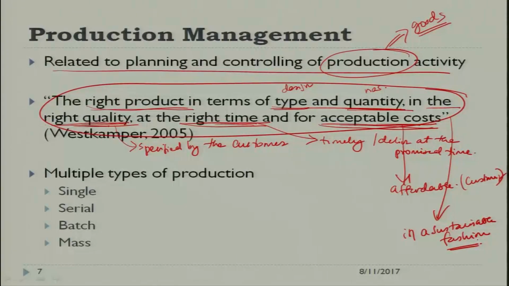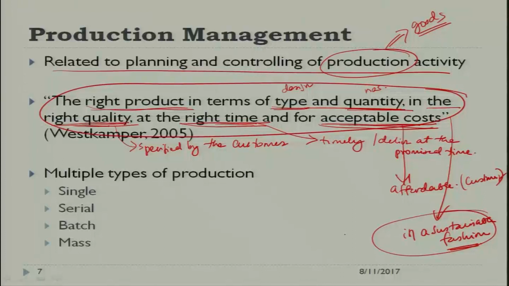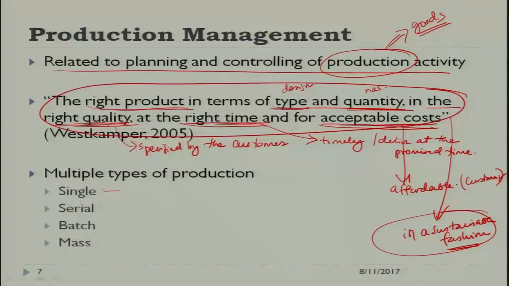There are multiple types of production available, and the strategies for attaining this sustainability depend upon the type of production process that you are going to deal with. The major types of production processes are single production, then serial and batch, which are typically merged together, and then mass production.